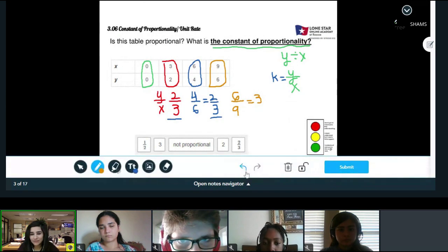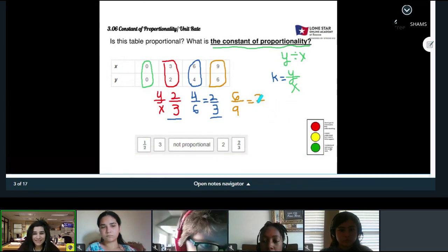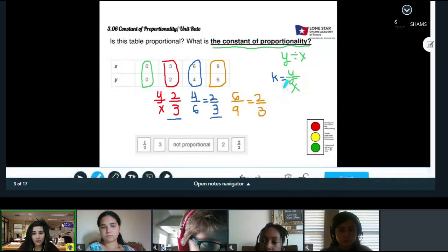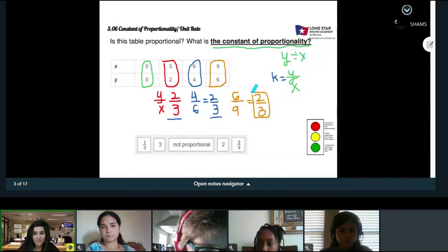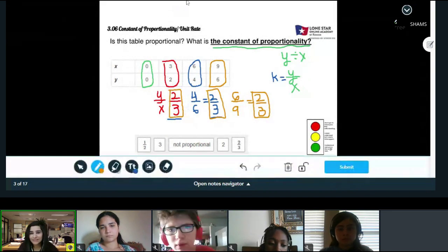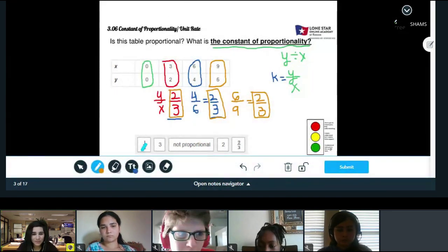Let me redo it. 2 over 3. Each time the constant has to be constant, the same. You guys see 2 over 3, 2 over 3. Can I say the table is proportional? Yes, the table is proportional.